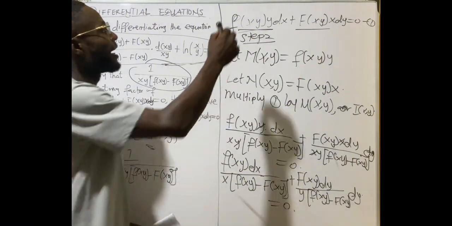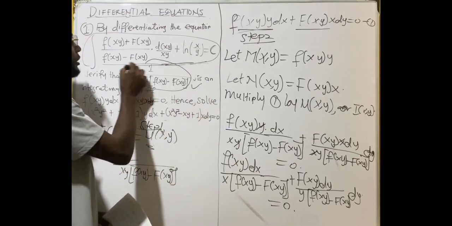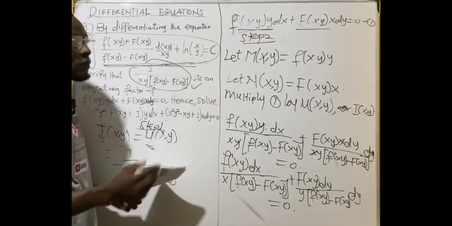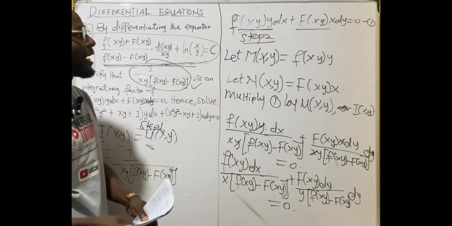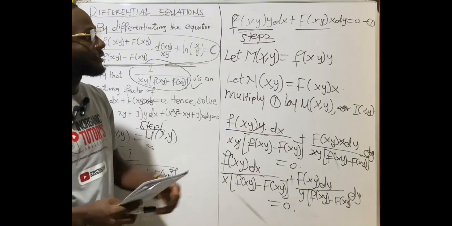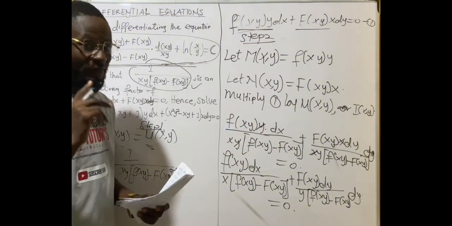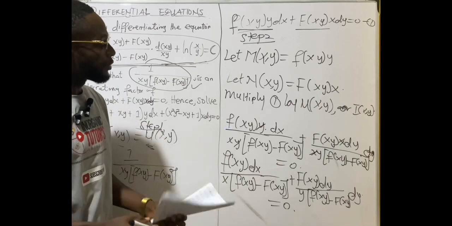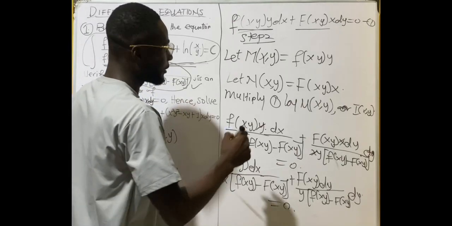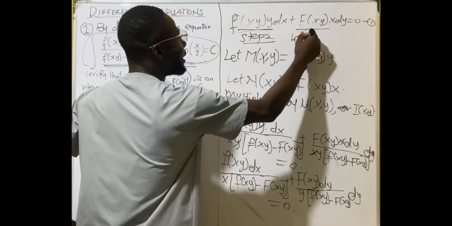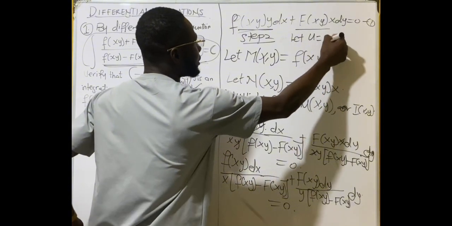So now, since this function is a product of only x and y, I want us to use that xy effectively, right? So I want us to say that let u equals xy.